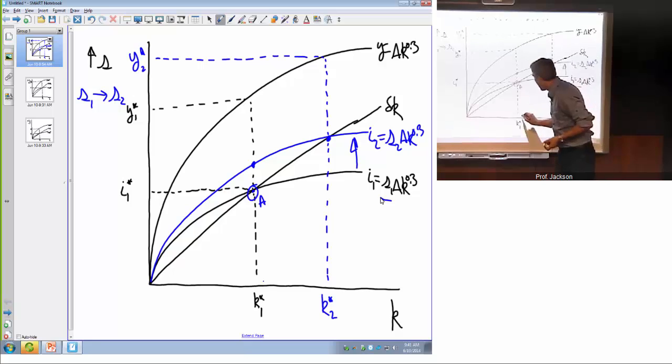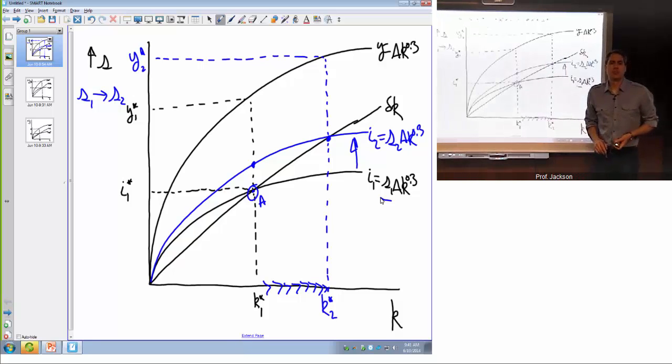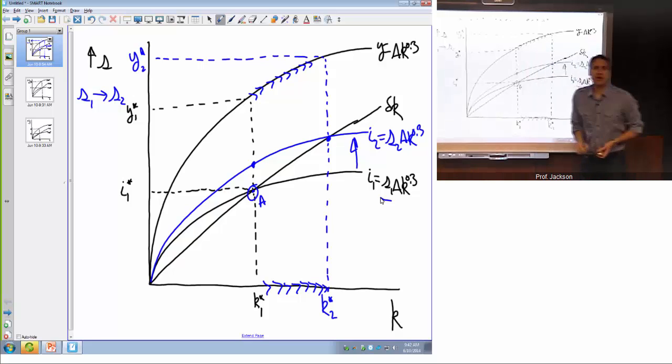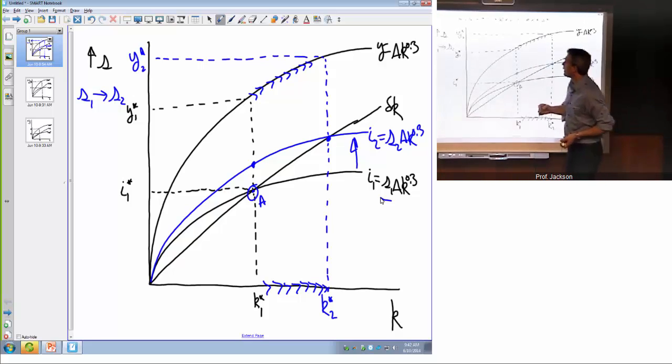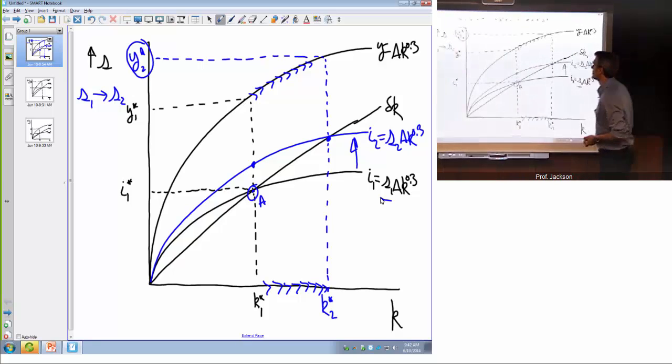And as the capital stock rises, we move towards that new steady state level of capital K2 star. And of course, as that capital stock rises, the amount of output per worker is going to be going up over time, to the point where we move from our old steady state level of output per worker Y1 star to the new steady state level of output per worker Y2 star.